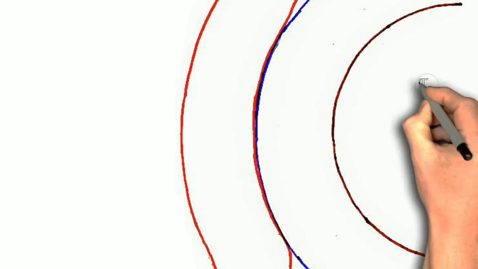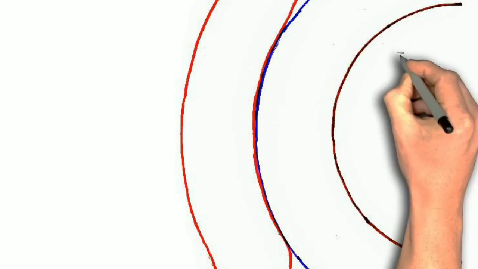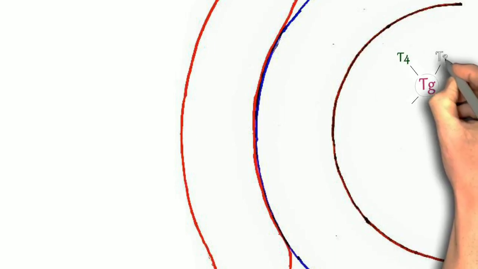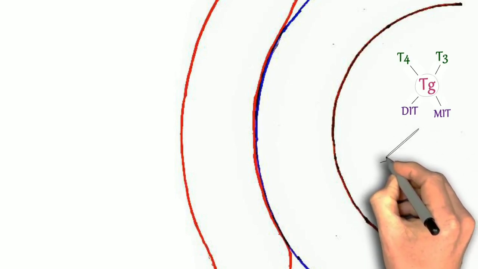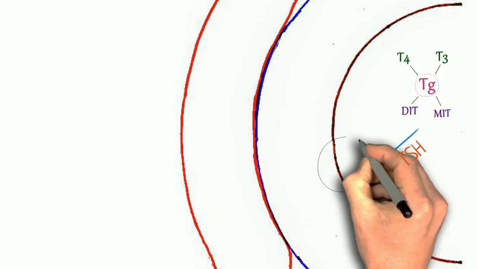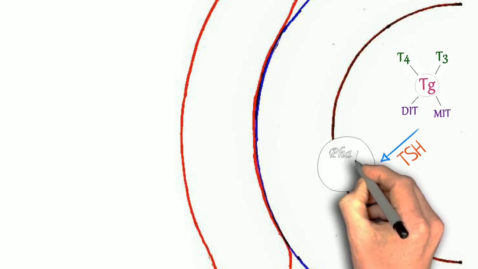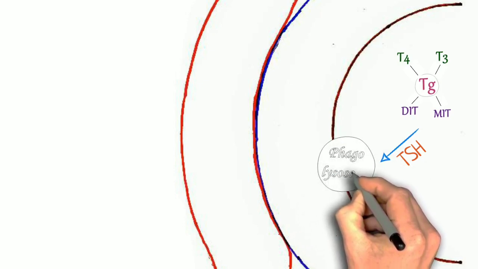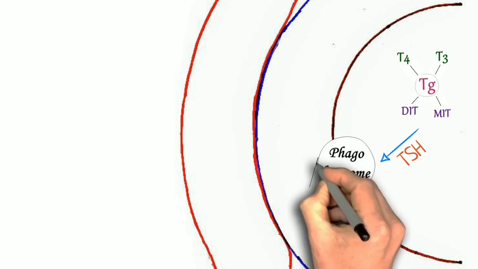After all the coupling is done, T4 and T3 are stored in the colloid as part of the thyroglobulin molecule. Now the thyroid hormones have been synthesized, but they will have to come out of the thyroid gland to act. First of all, thyroid stimulating hormone or TSH stimulates the retrieval of thyroglobulin from the colloid by micropinocytosis to form phagolysosomes.